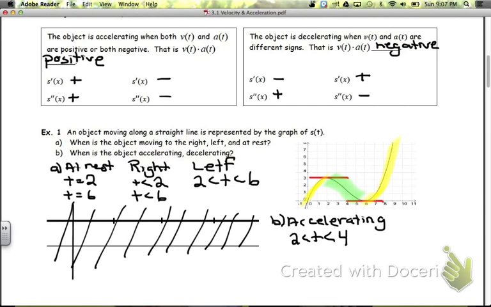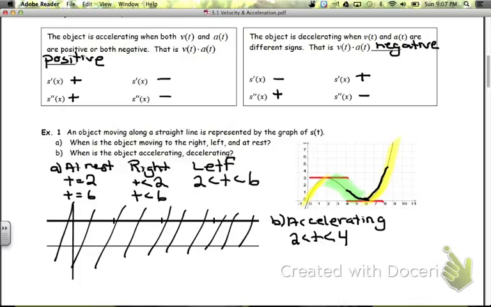The reason for us stopping at 4 is because our object is still accelerating as it comes back to the origin. When it gets to around 4, it's going to have to start slowing down so that when it gets to our point here at 6, it can slow down and turn and go in the opposite direction.